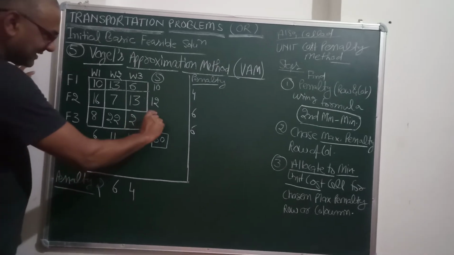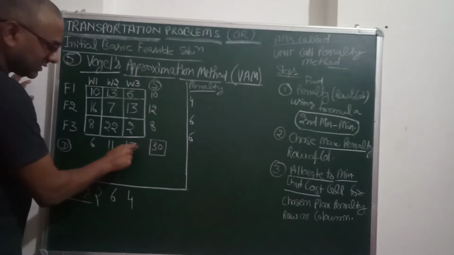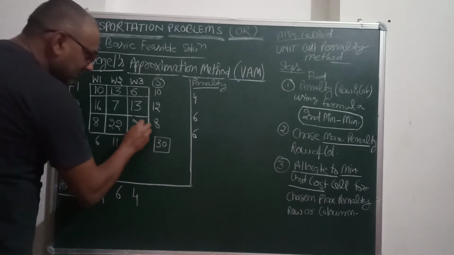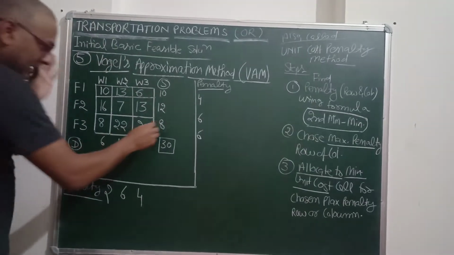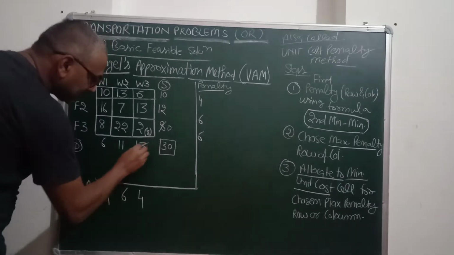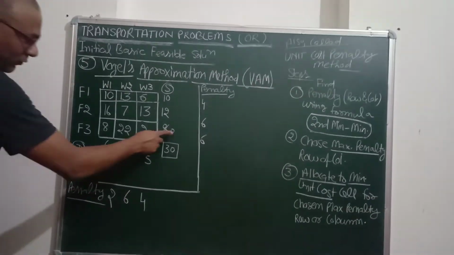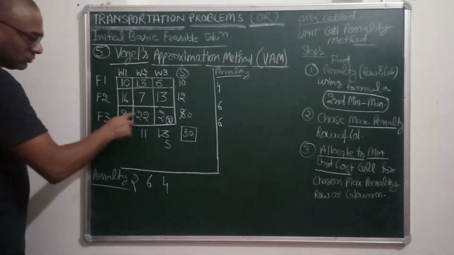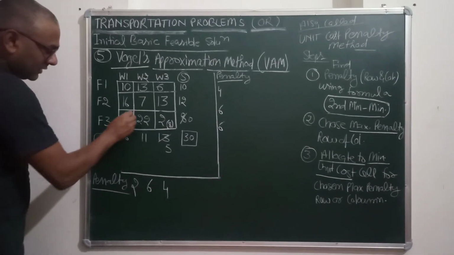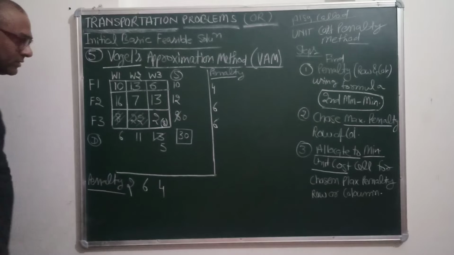Now the supply is of 8 and the demand is of 13. So we will make a supply of all 8 units here. Okay, then this value is 0 and this is 5. Okay, now no further supply can be made to these 2 cells, so we will be neglecting them in further calculation.